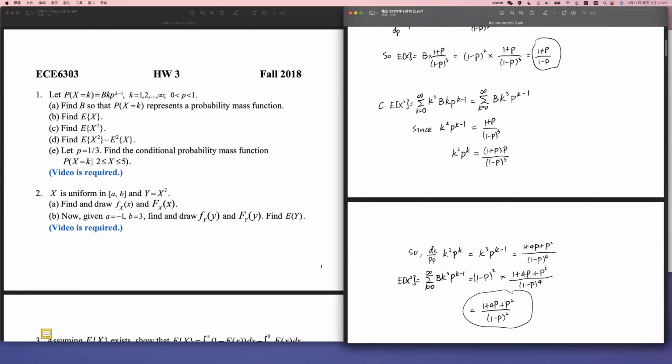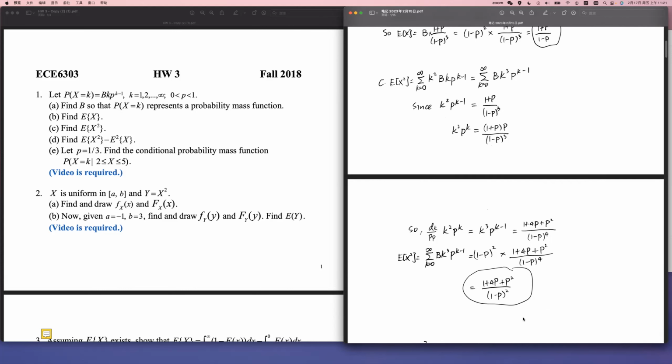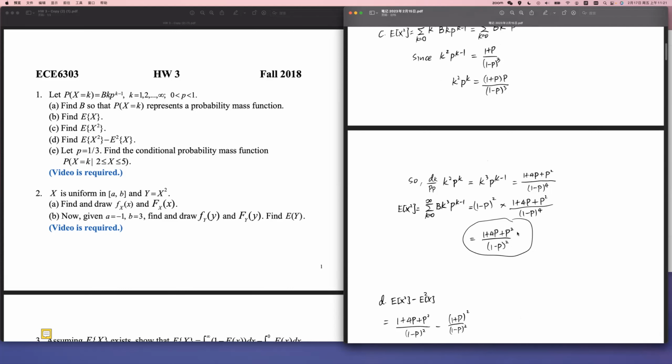Then we plug in this equation, and b times this should be the answer.